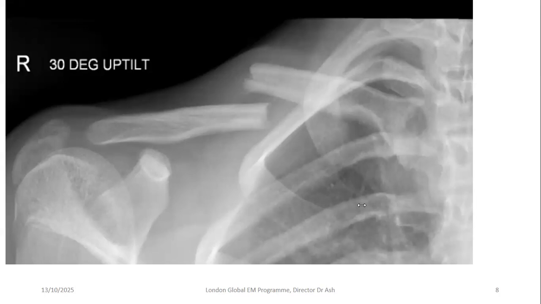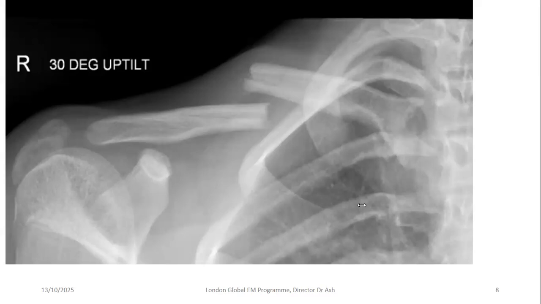Middle. So how will you manage this patient? Carefully.